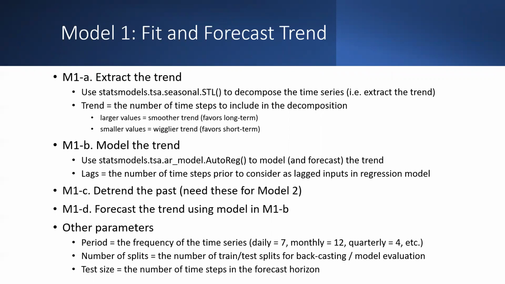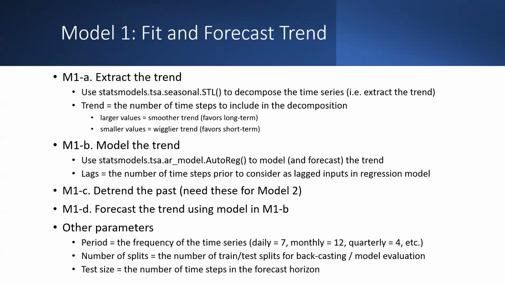The main parameter there is how many time steps to include in the smoothing of the LOESS. For daily data, if you have, say, 90 or 91 days in the smoother trend, you would favor a shorter term trend of the data. Whereas if you put in 365 or maybe 2 years, you might tend to favor a little bit longer term trend.